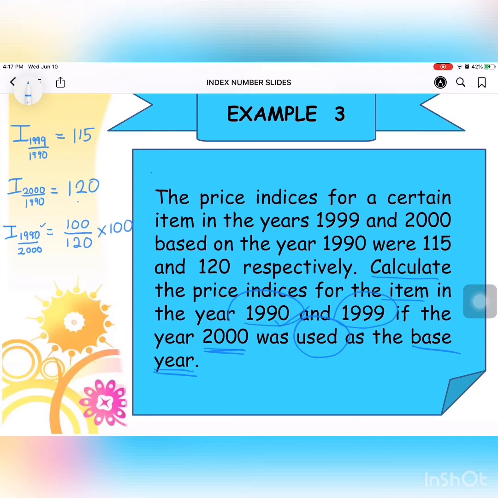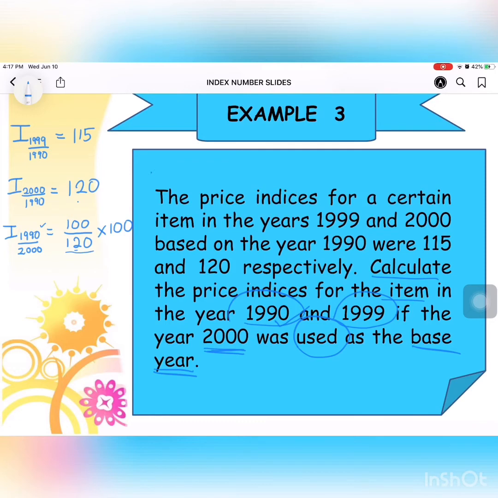Okay? Did you understand this one? Meaning that for the price in 1990, there are no increases or decreases in that year. The price is not increased, the price is not decreased. So we say that it is static at 100. In the year 2000, the price has increased to 120.